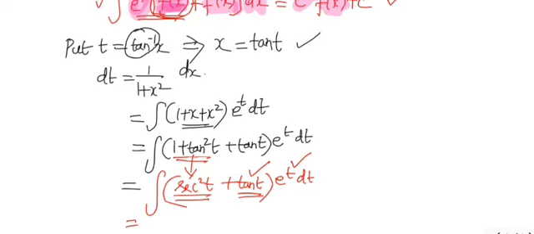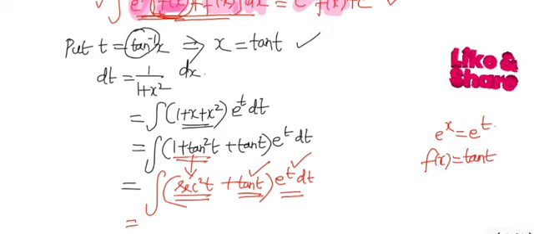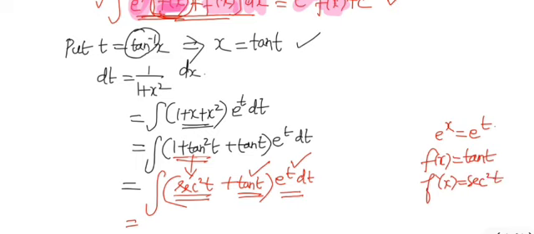So the values we have got so far are exactly matching with the trick we have learned earlier. Here e power x is our e power t, f of x happens to be tan t, and f dash of x happens to be our secant square t. So it's matching exactly with the trick.